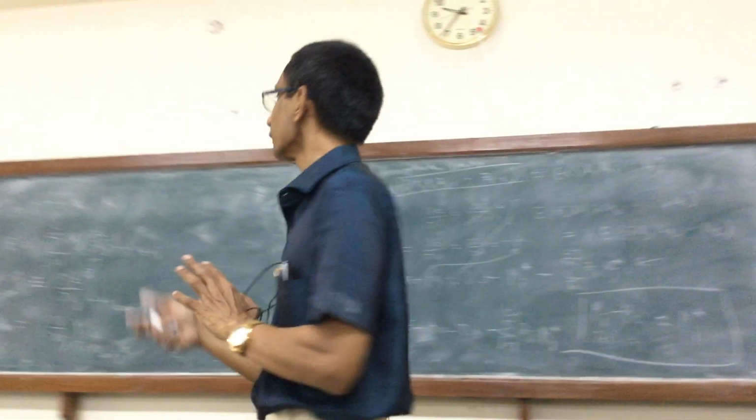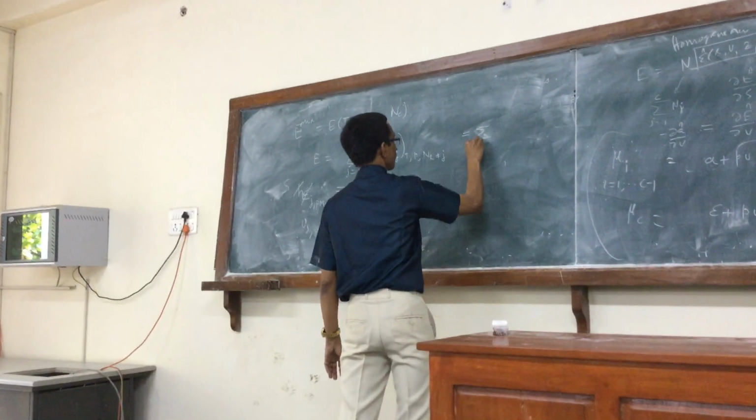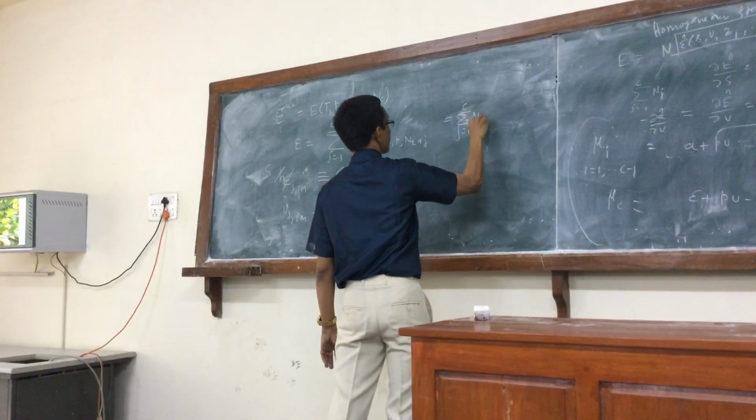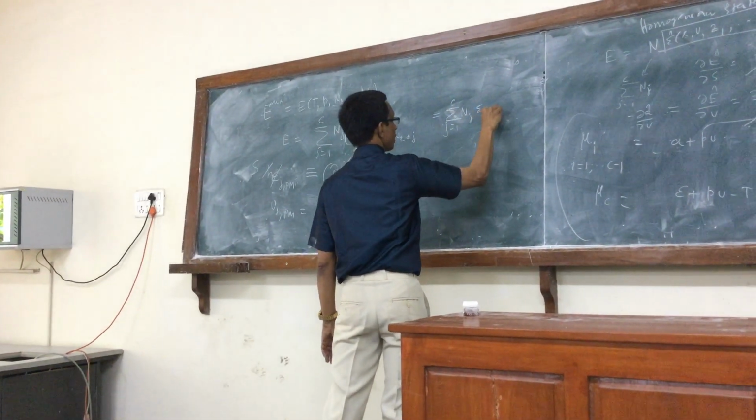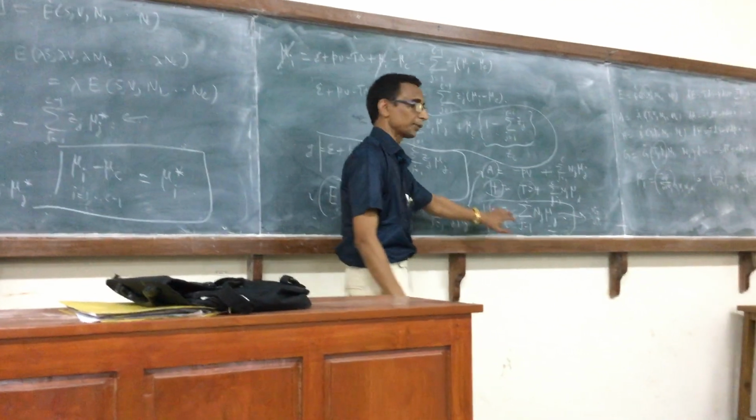If I do that, then I get this compact representation. It accomplished what I wanted, which I found here to be quite convenient for the Gibbs free energy.